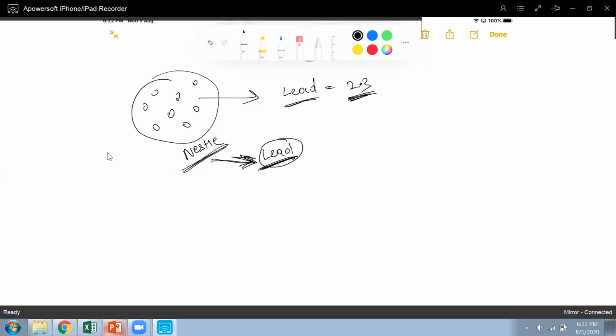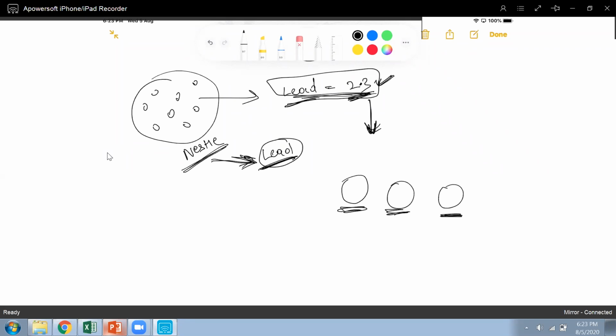Now what will happen? Will the average change now? Earlier it was 2.3. Now what is happening is that frequently people did the test and they are seeing that the lead content is more than 2.3. It is 2.5, 2.8, sorry, 2.9.